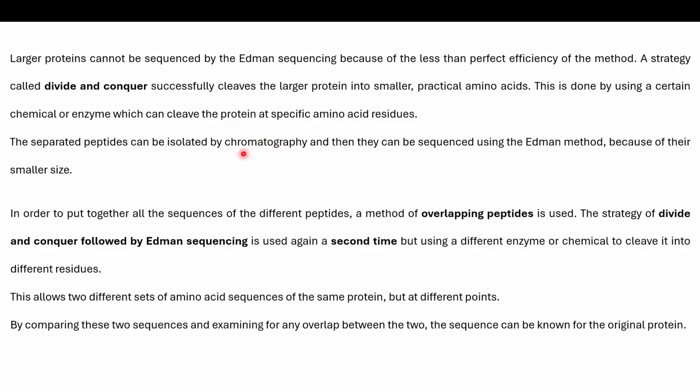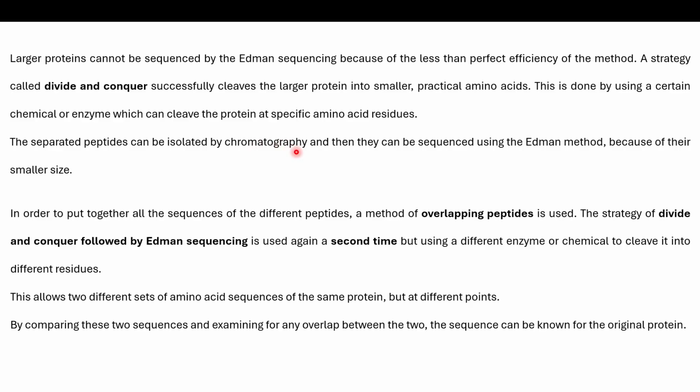Because there are two O's here, you will eventually have three peptide fragments of the larger sequence. It will cut here and here. So you have the CHRO sequence, then the MATO sequence, and then the GRAPHY sequence.